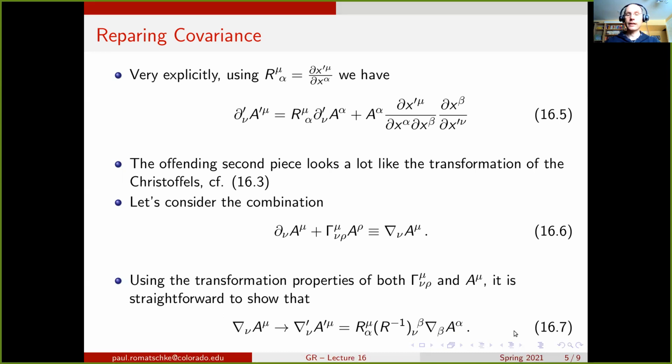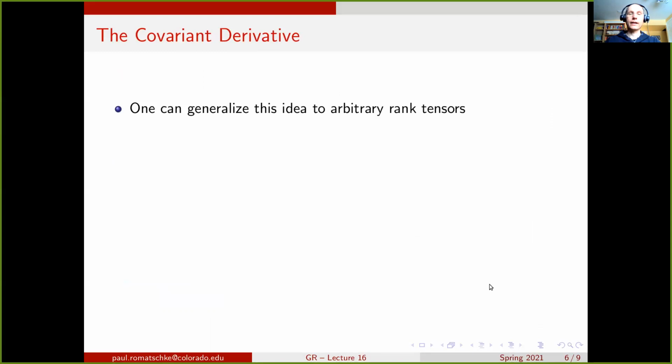That is indeed what we expect for a quantity that transforms according to general covariance. And it is basically by construction, because we have canceled the offending pieces that spoil covariance by adding this Christoffel symbol here. Okay, so that was one example for repairing general covariance for the derivative of a vector.